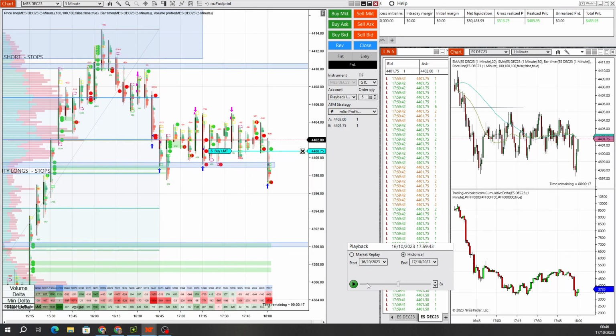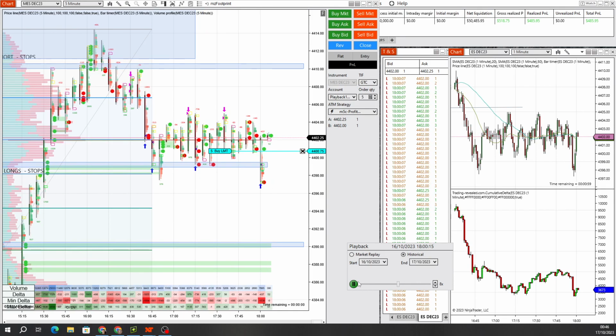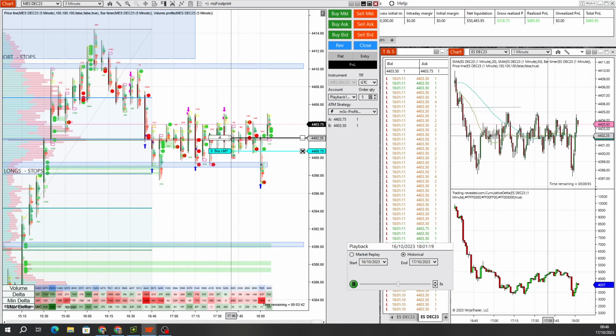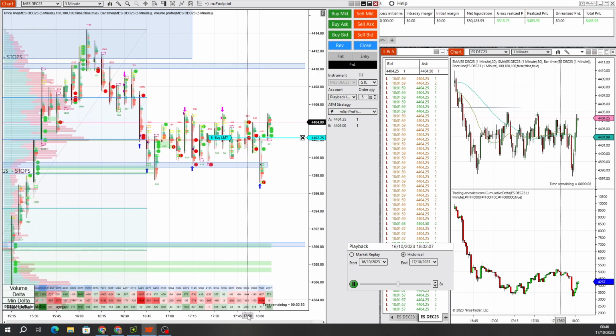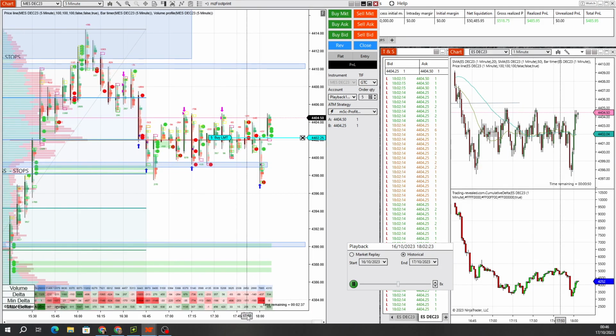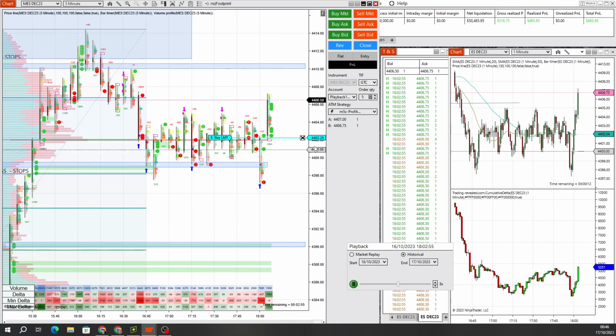So let's have a look. Price is pushing immediately. Okay, I can buy from the POC if we can get filled. Pushed.